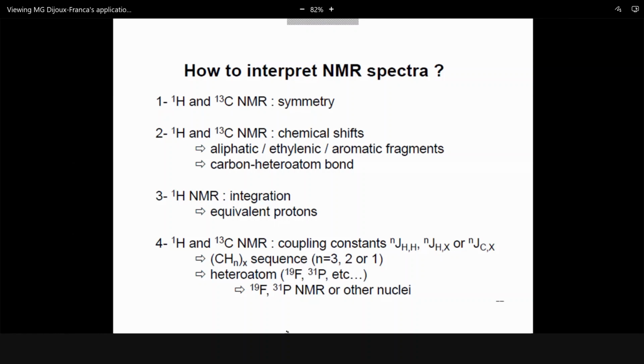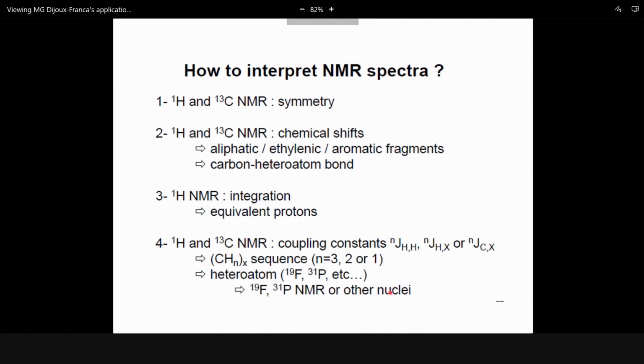And this will give us information about the sequence. That means the chain: we start with a CH3 and on the side I have a CH2 or a CH or nothing, depending on the coupling constant or the absence of coupling.